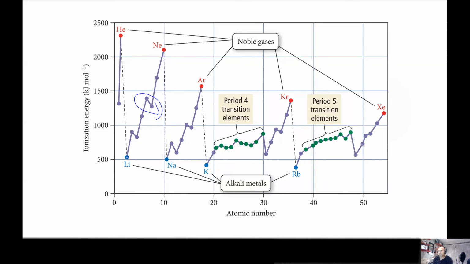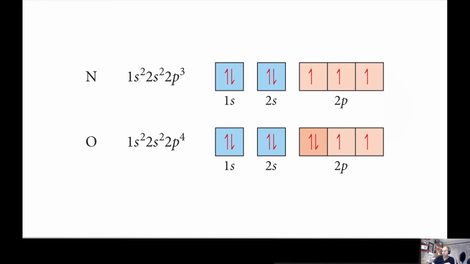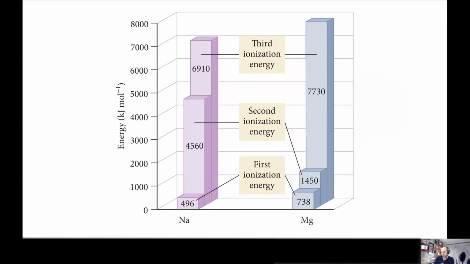In contrast, across a row, say from lithium to neon or sodium to argon, effective nuclear charge increases, and so it becomes more difficult to remove an electron. And the transition metals are messy, so we're not going to worry about those. These are the overall trends in the periodic table. This is what we just talked about.